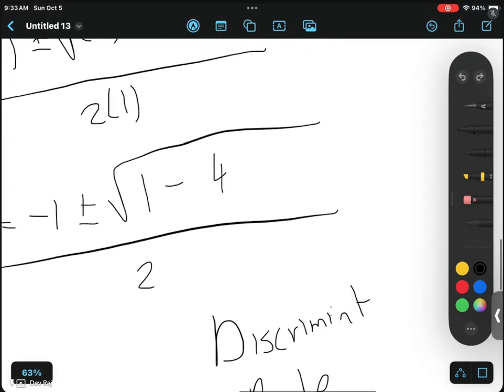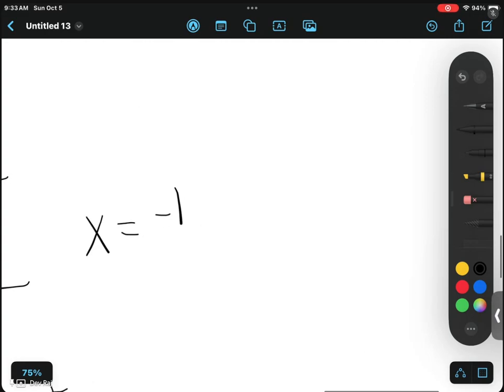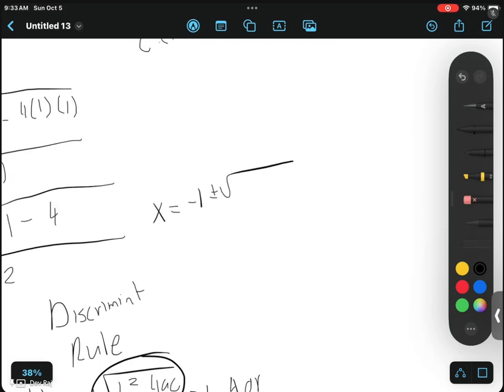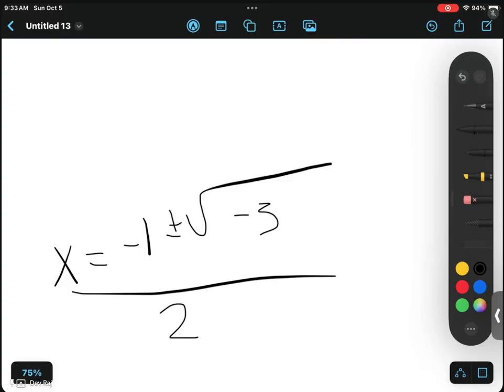Okay, so you said it would be x equals -1 plus minus -3 or 2. But what about now? Look at our discriminant. What does our discriminant tell us, guys?